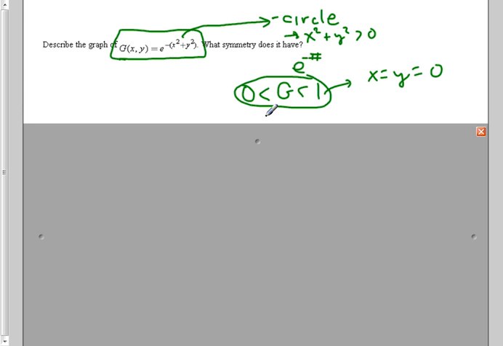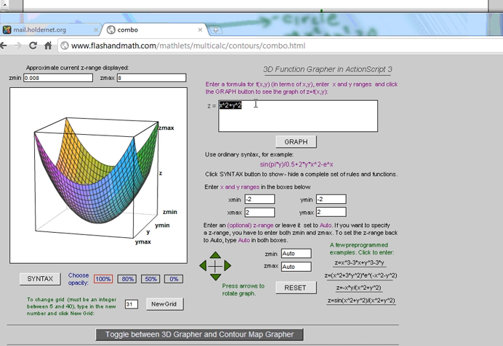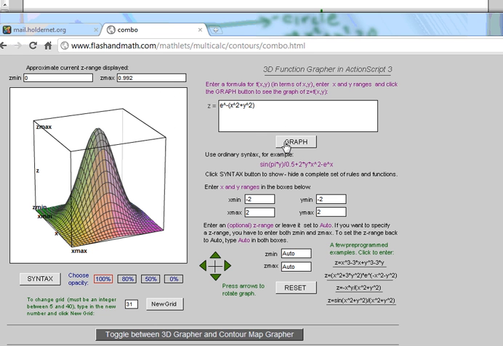All right, enough preamble. I know that you want to see what this looks like. Let's go to our equation, and we have e raised to the negative of x squared plus y squared. And here's, I think, a very cool graph, symmetric around the z-axis, and it looks like this.